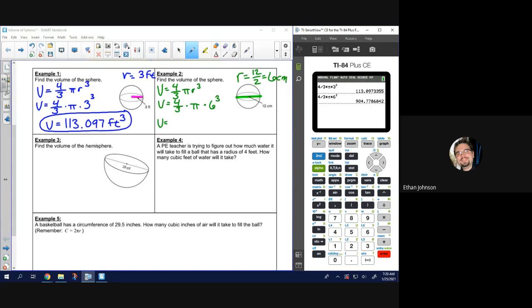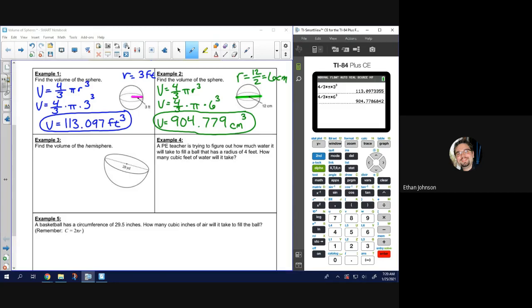And we get, once again, I'll round it to the nearest thousandth, 904.779. Unit of measure is centimeters cubed. So keep that in mind. Sometimes we will give you a radius, sometimes we'll give you a diameter.